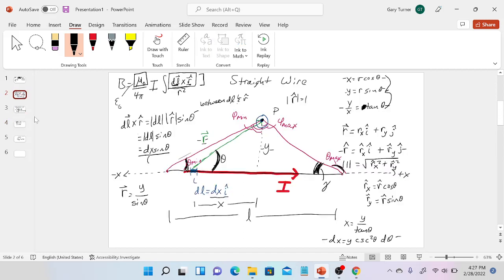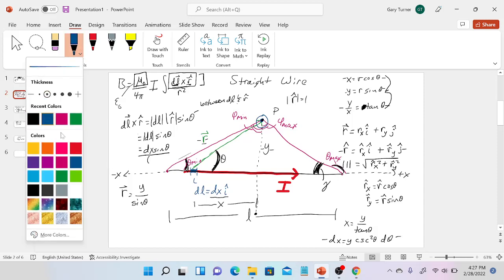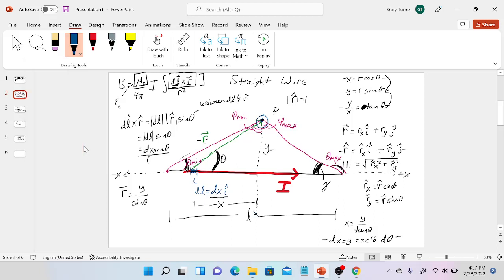Well, if I looked at a spot on the negative y-axis and did the exact same calculation, I would find that below the axis, it's going into the page. The magnetic field above the axis is coming out of the page. If I said into the screen earlier, I meant out. This is out of the screen, and below, it's into the screen.